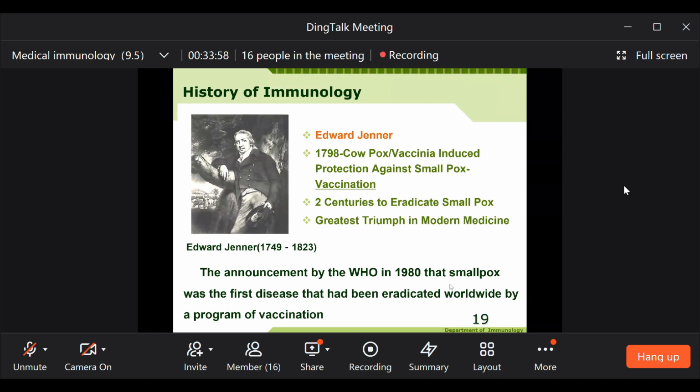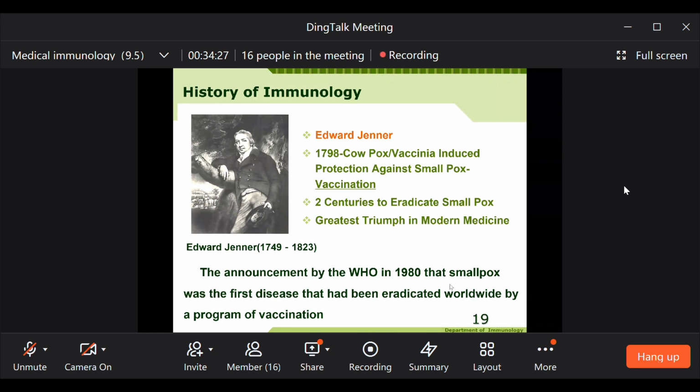Maybe you were wondering how they did it? At the time, when people were mainly suffering from smallpox, Jenner found that some women working in a milk factory were infected with cowpox.